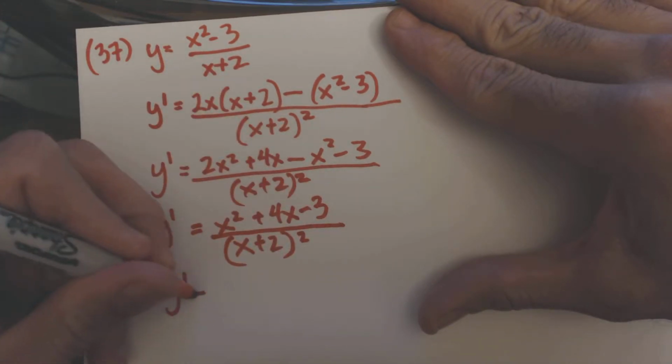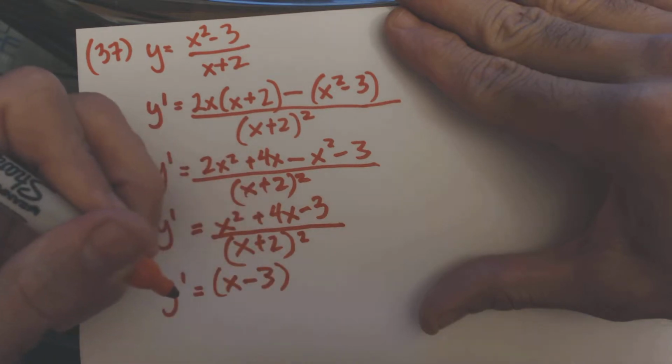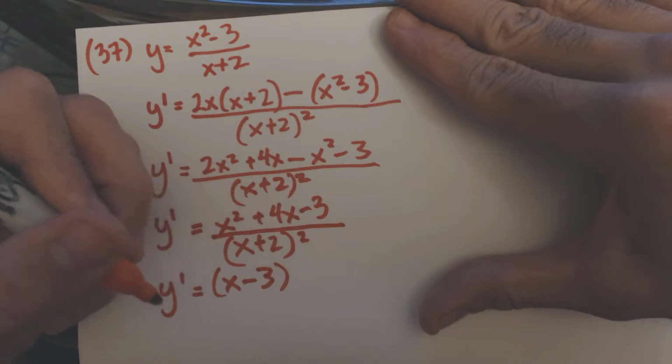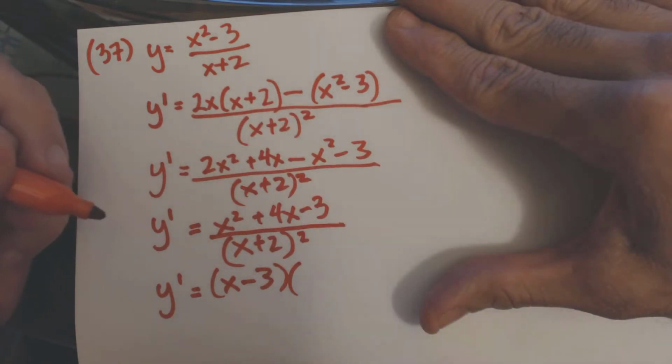So then y prime equals x minus 3 and negative 3 times negative 1. That should give us negative 4.